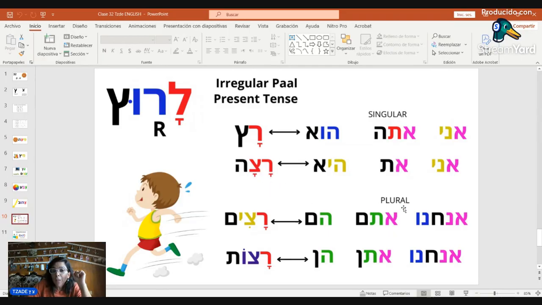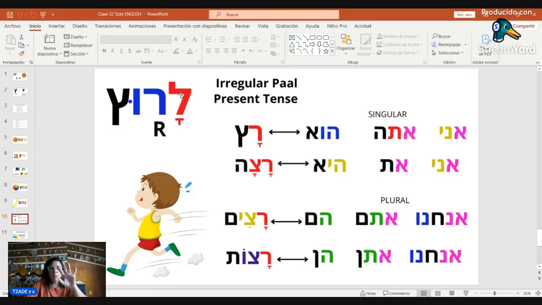But in plural, we always add yod mem to masculine plural, and we always add holam vav tav to feminine plural. So we have something in common with a regular pa'al. Let's see why this pa'al is irregular.